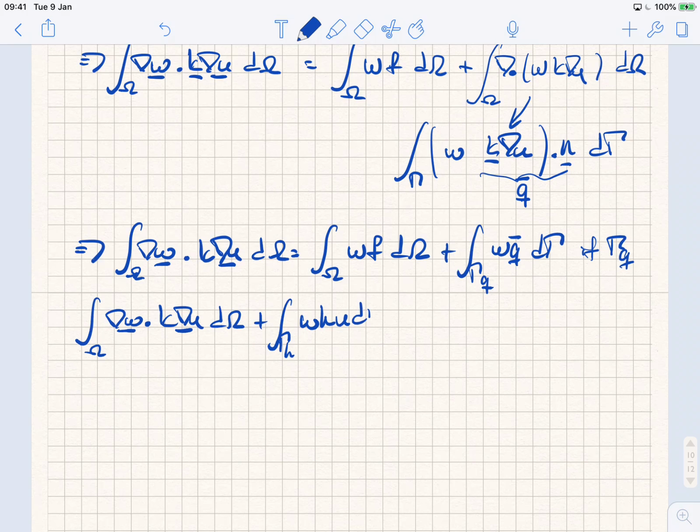So if you are a bit lost, we are going to go through this again, okay? Gamma Q. And then plus the other component of H.